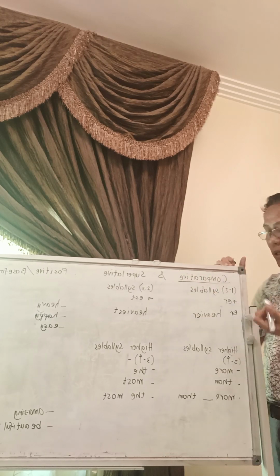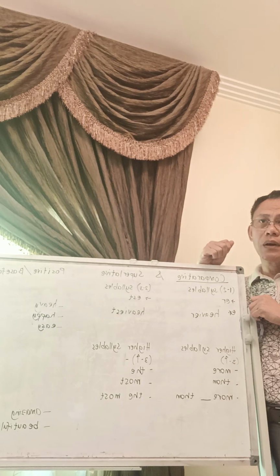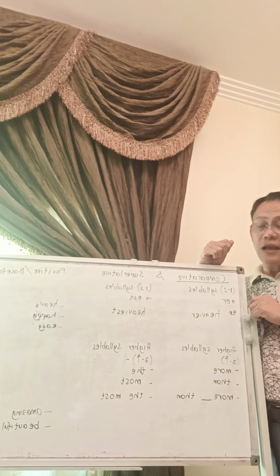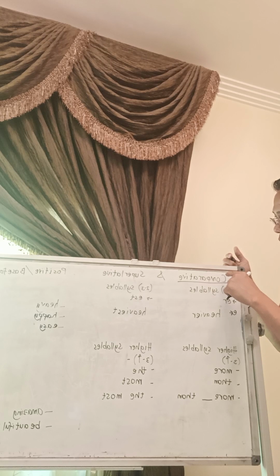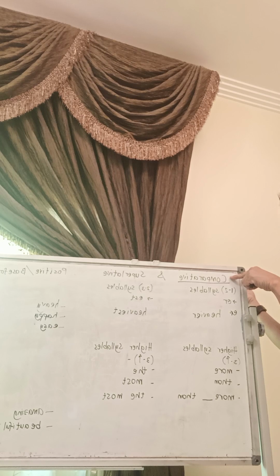Sarah, comparative, it means what? You are comparing what? Two syllables. Very good. Comparative of adjective, if there are 1 to 2 syllables, it means you are having two comparisons, okay?